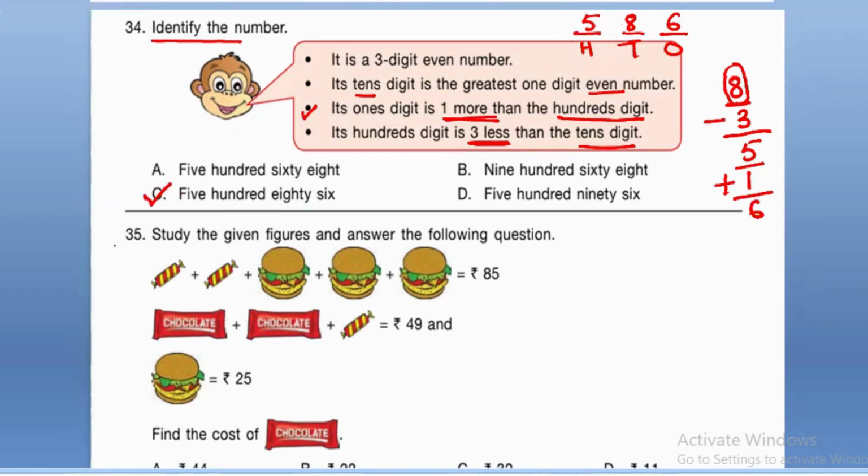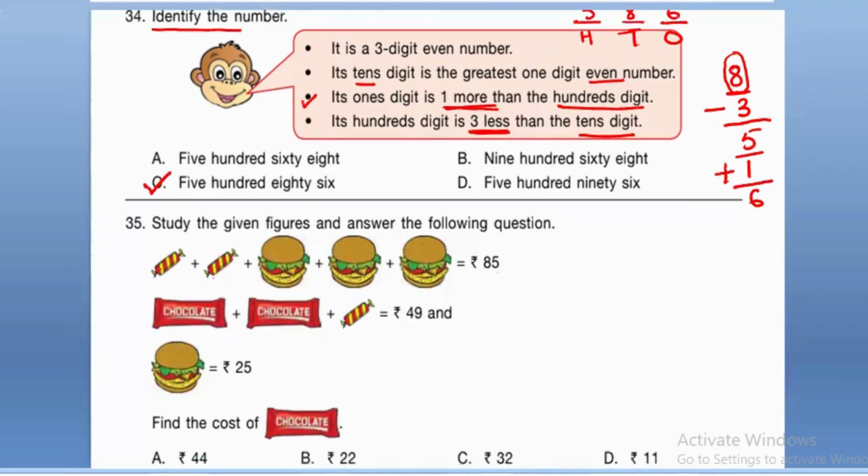Okay. Now the next question we have is you have to study the given figure and answer the questions. So here you can see 2 candies plus 3 burgers equals 85. Then 2 chocolates plus 1 candy equals 49. And the value of one burger is also given in the question, which is equal to 25.